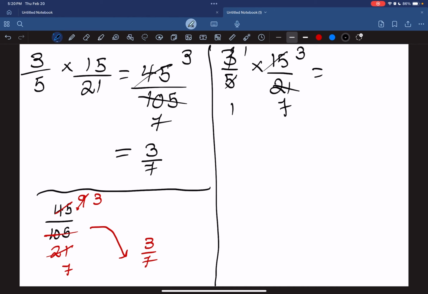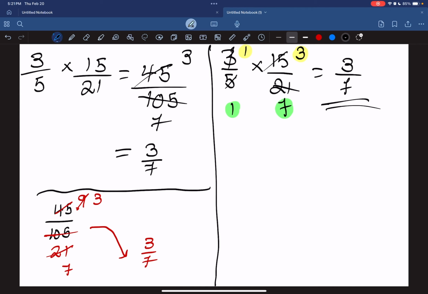So up at the top now, I'm left with a 1 and the 3. And 1 times 3 gives me 3. Down at the base now, the denominator, I'm left with 1 and 7. Alright, so 1 times 7 gives me 7.